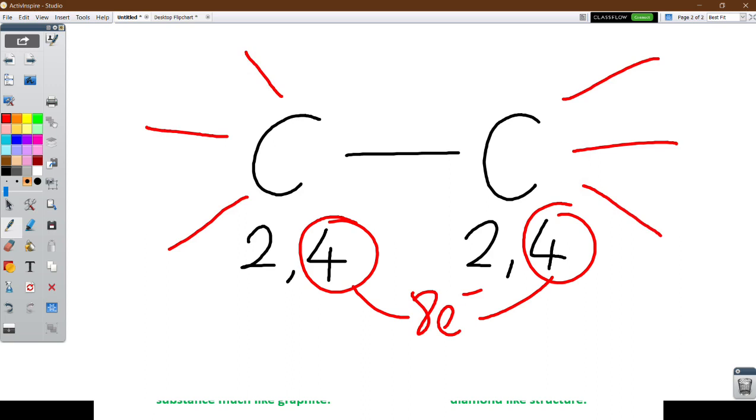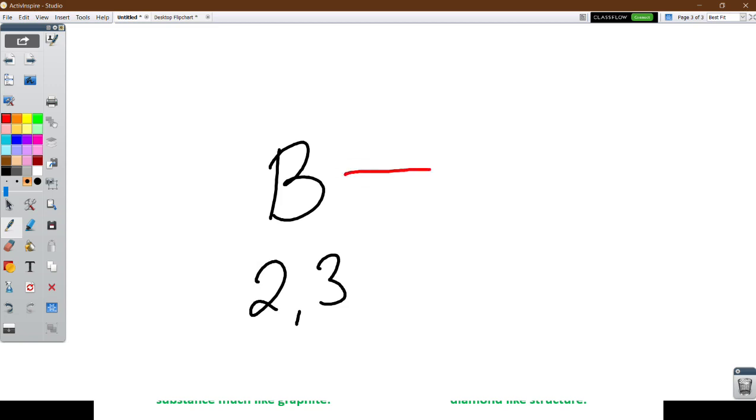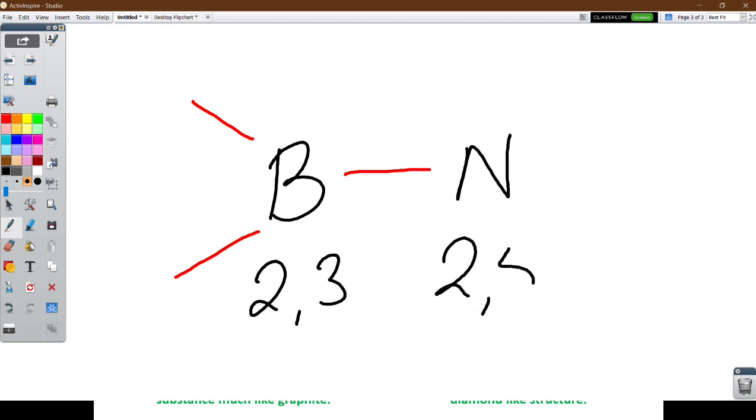Now, when we think about boron nitride, so boron is element number 5 in the periodic table, so that's 2, 3. So boron is capable of forming 3 covalent bonds in that situation. And then nitrogen is element number 7 with the electron structure of 2, 5.